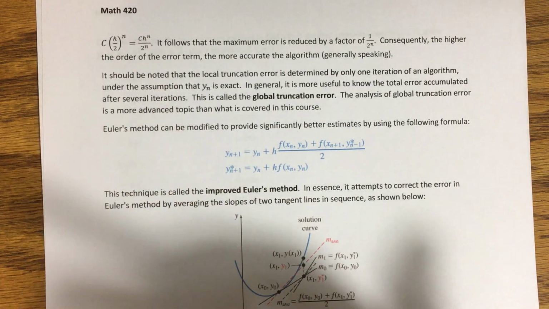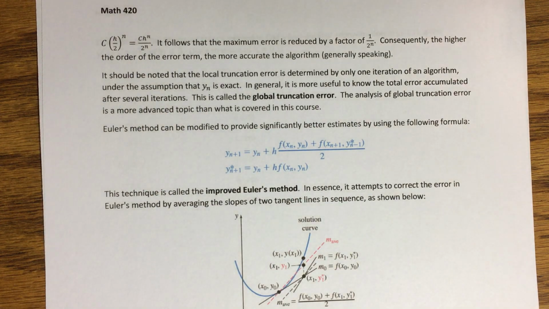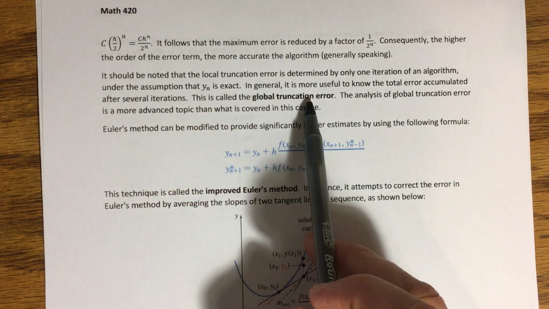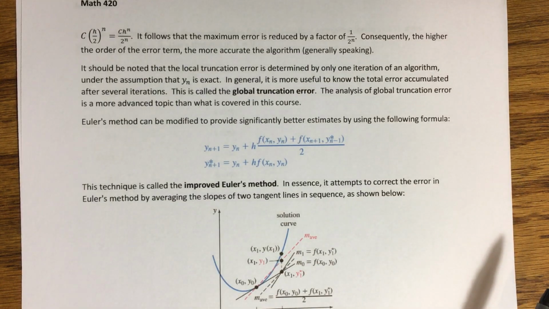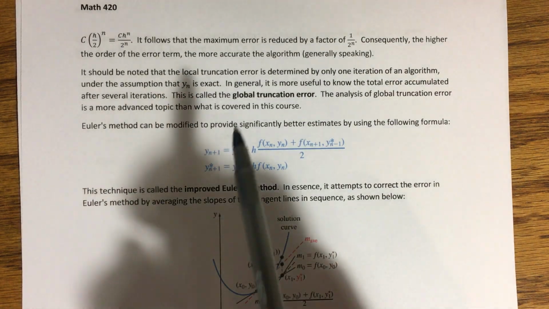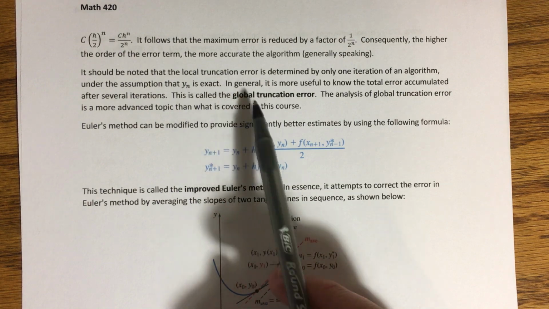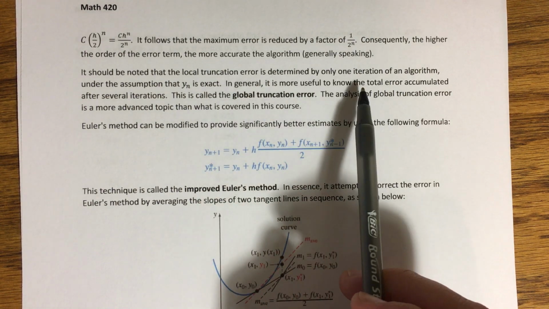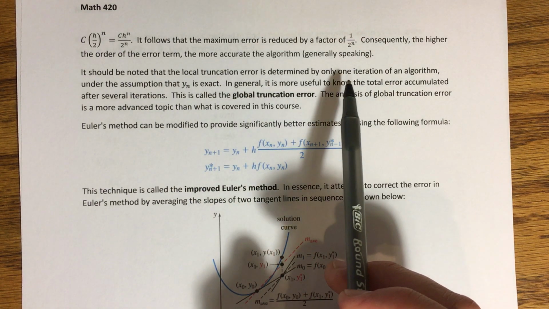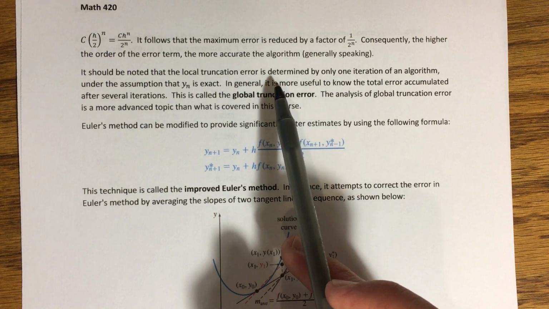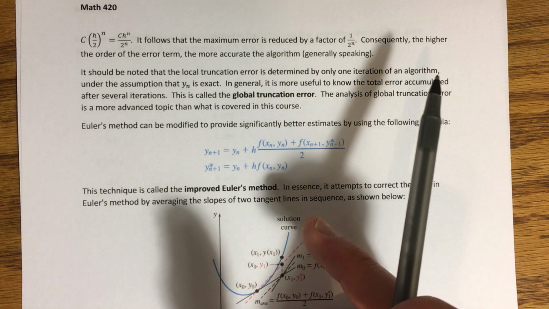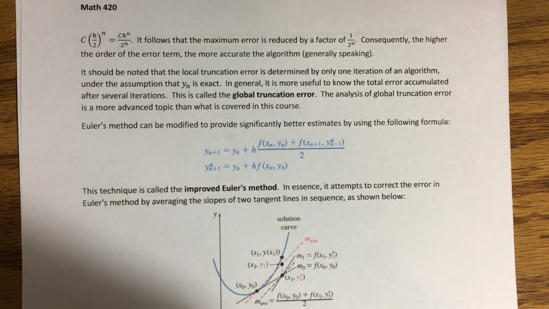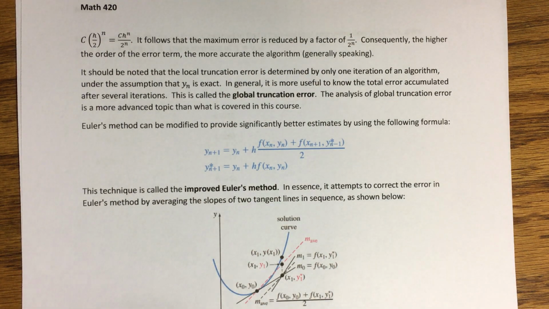So again, local truncation error, that's what we're talking about here. Now there's another term called global truncation error, and the idea behind global truncation error is that we're looking at the overall accumulated error over several steps of our algorithm. So for example, if we are working with an IVP that has an initial condition, let's just say y of 0 equals 0.